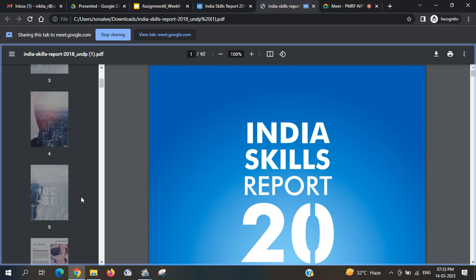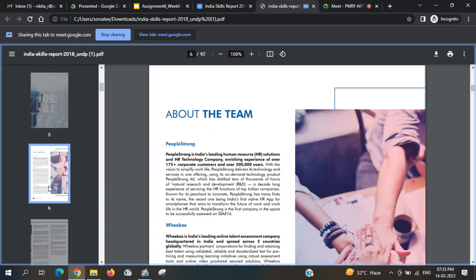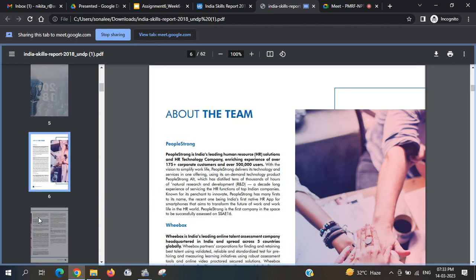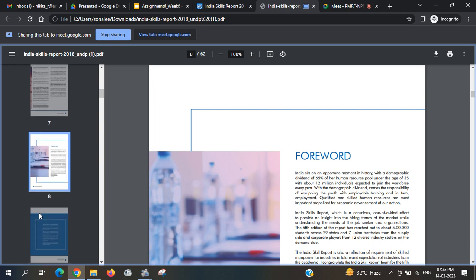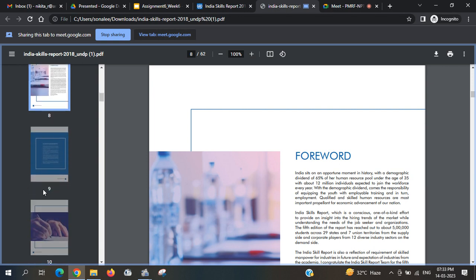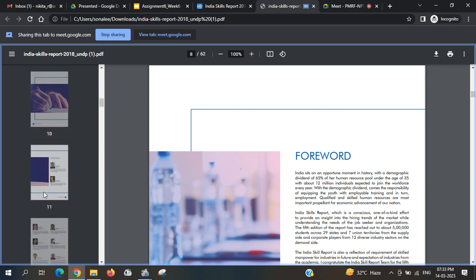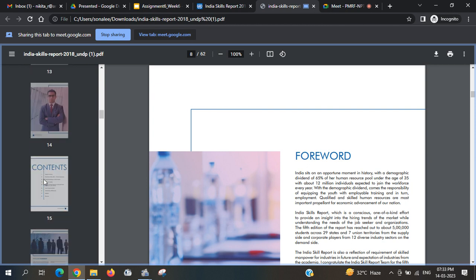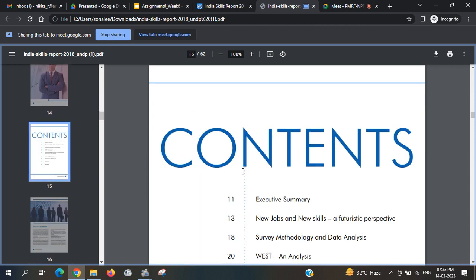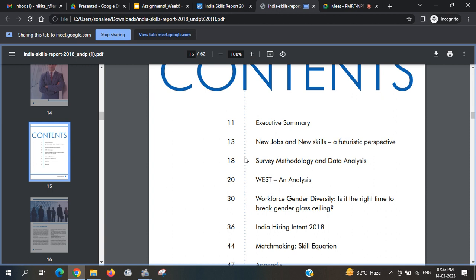So you can see this is the report. So it gives you detail about new jobs and new skills in India.